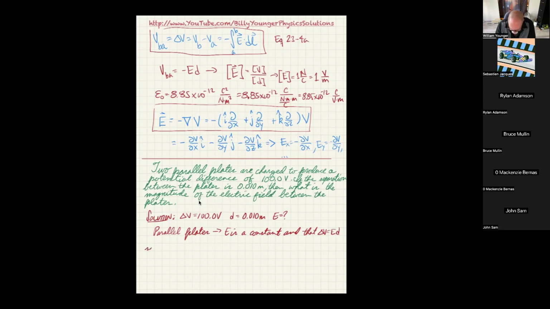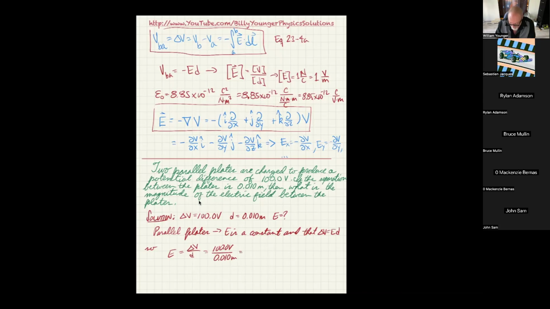So E is going to be just equal to delta V over D. So I'm going to say the delta V is 100.0 volts, and I'm going to divide that by D, which is 0.10 meters, which is really 1 over 100.